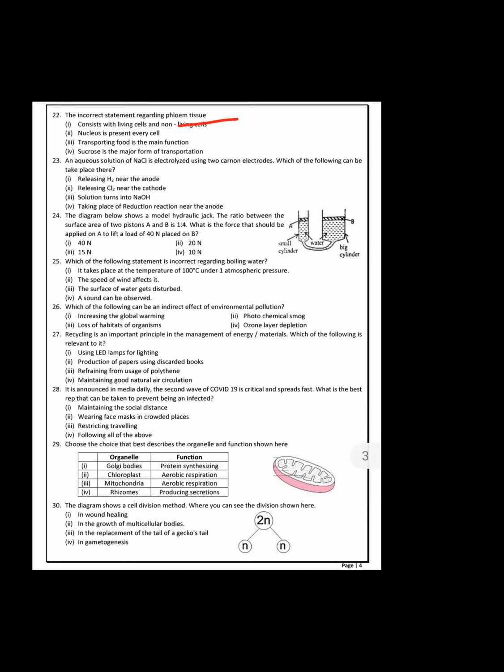Then the simple permanent tissues and the complex permanent tissues. Simple permanent tissues are parenchyma, collenchyma. So they have given an experiment, but here they have asked about phloem tissues. Transporting food is the main function. The incorrect statement is that the nucleus is present in every cell.